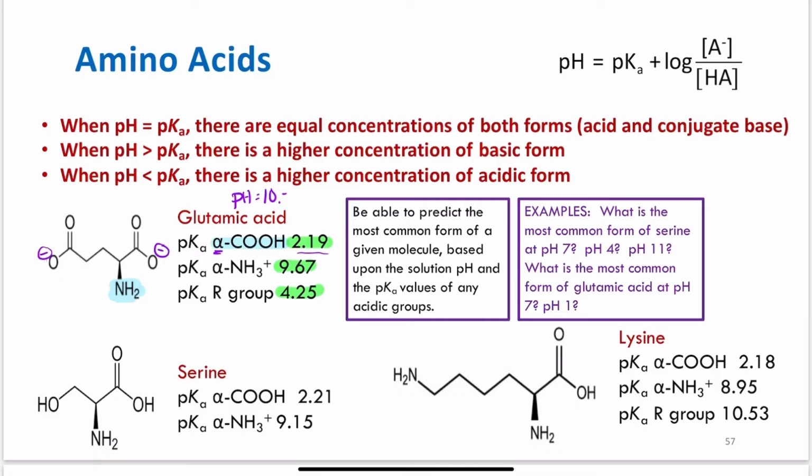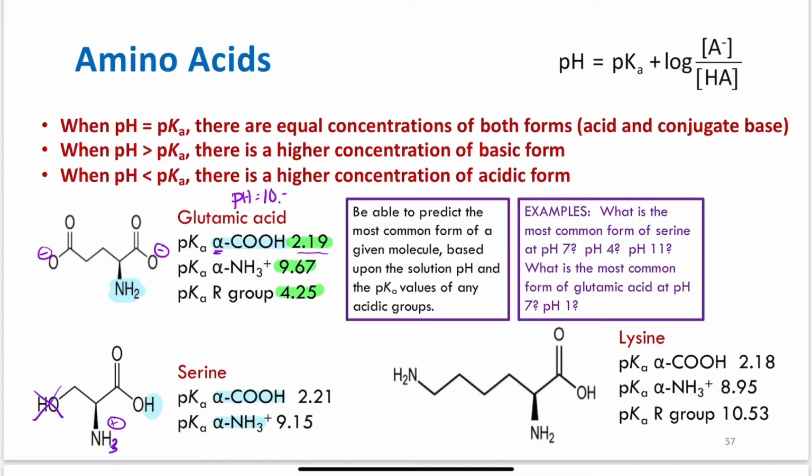Looking at serine, I have the same thing. I've got the alpha COOH at 2.1 and the alpha NH3 plus at 9.15. Careful here. This is this and putting an extra proton here, so making it NH3. Look.